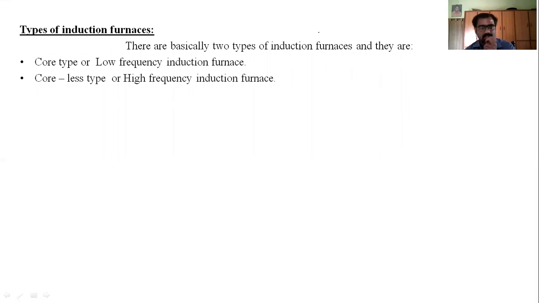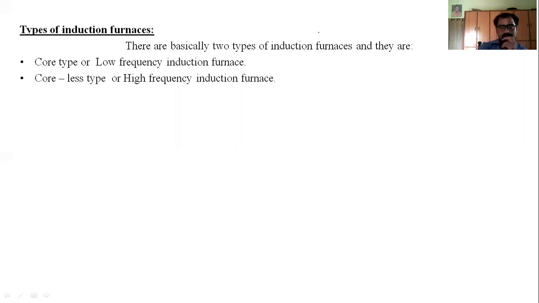So let us see how the core type and coreless type have been constructed, how the charge is heated up, and what process is taken according to the construction of the induction furnace.